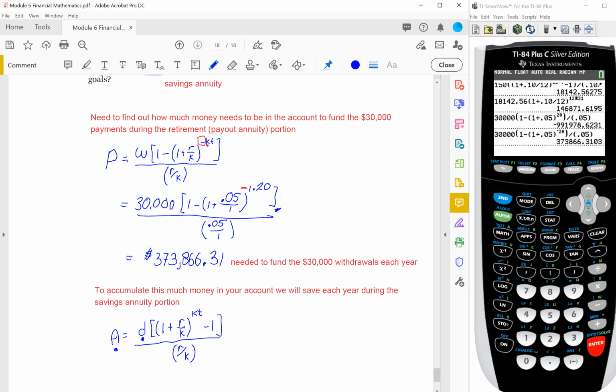We want to know how much you need to put in each year to accumulate to this $373,000. We actually want to figure out what D has to be, our contribution.